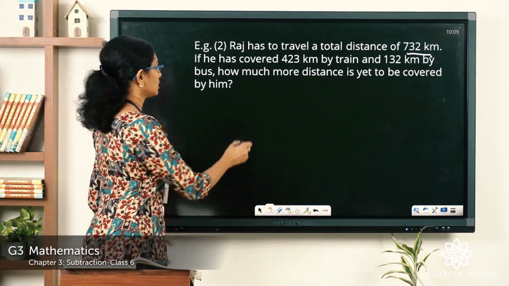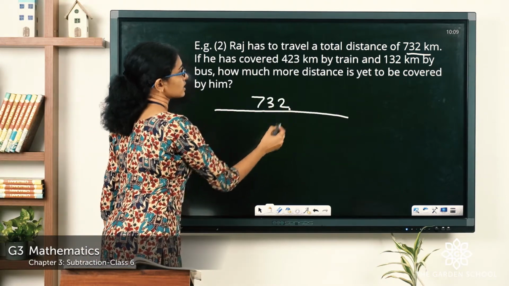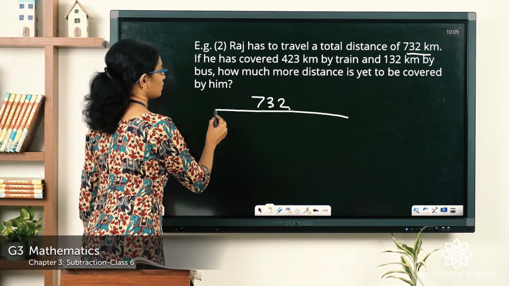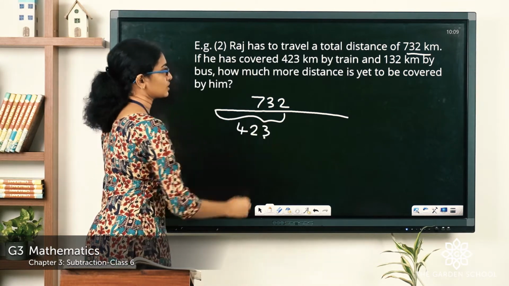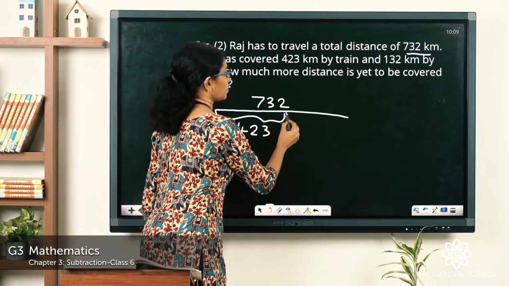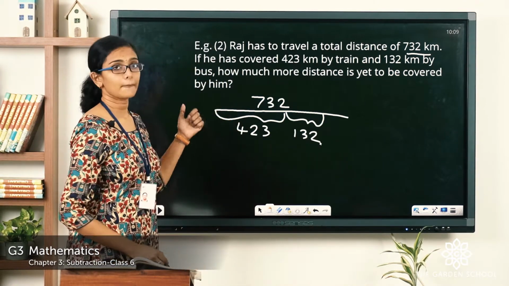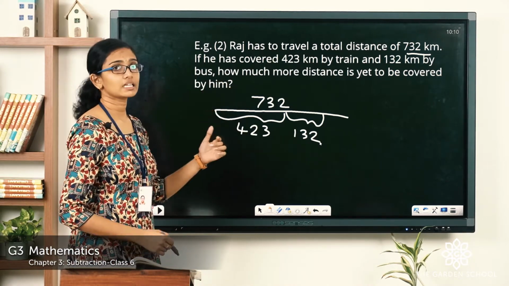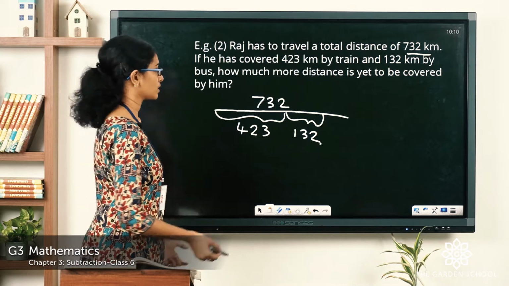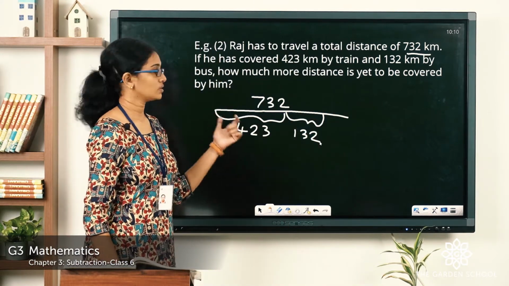And out of this 732 kilometers, he traveled 423 kilometers by train and 132 kilometers by bus. We have to find out what is the distance that he has to travel more to complete this whole 732 kilometers.